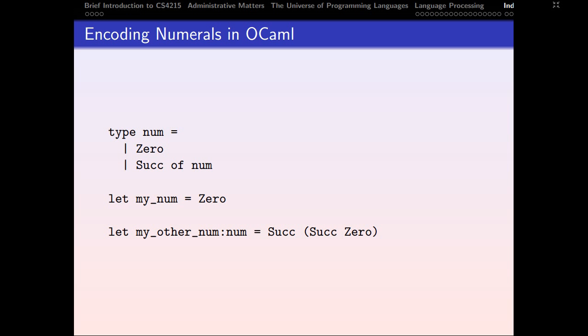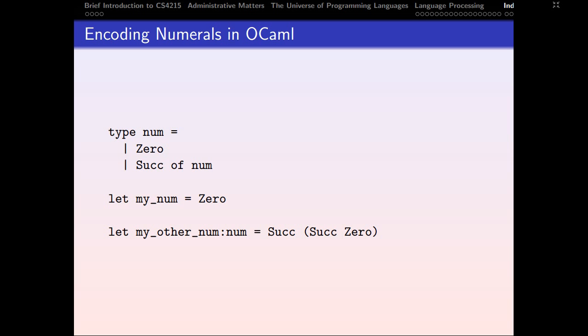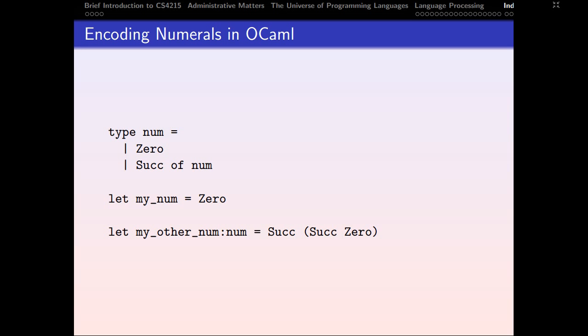So we're defining a type in OCaml. I should at some point explain what a type is, but I'm going to postpone that explanation for when we introduce types in one of our typed programming languages. You can think of a type as a sort of a set, okay?